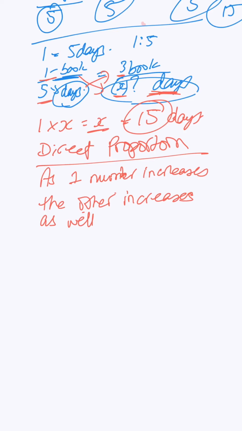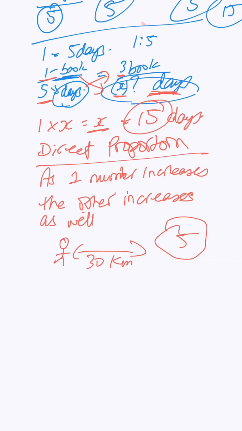From where you are to Water Park, Five Islands, is 30 kilometers. And you look at the gas tank and you see it's on a quarter tank, and you know this quarter tank will give you 10 kilometers.